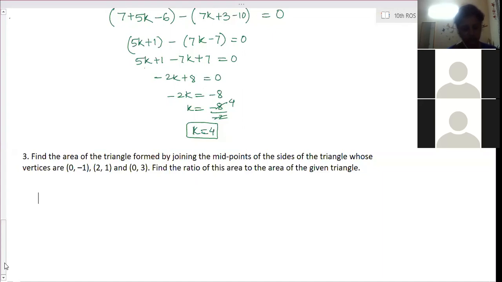Ma'am, area of the smaller triangle is 1. 1 square unit, right? Yeah. Ma'am, I got the areas as 1 and 4 only. Okay. Good.